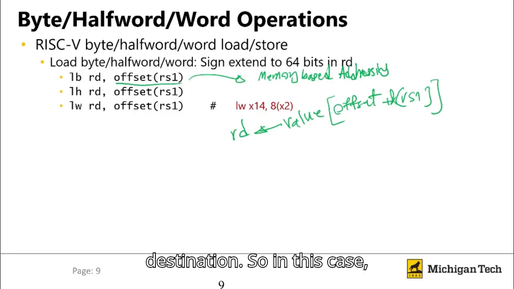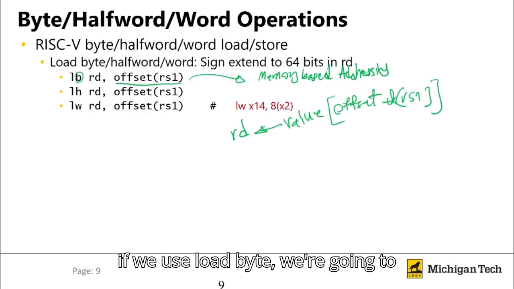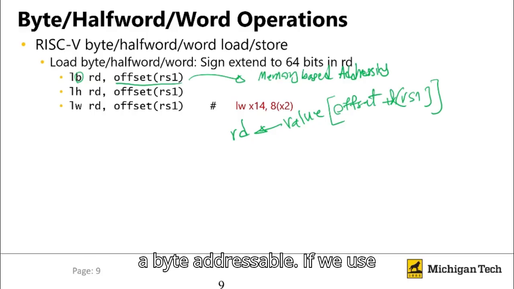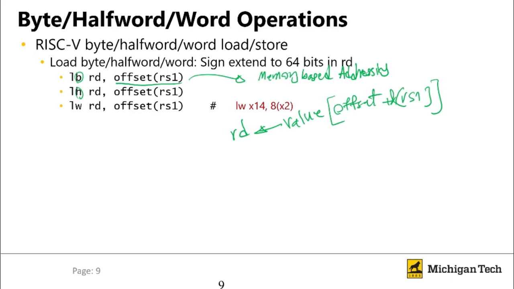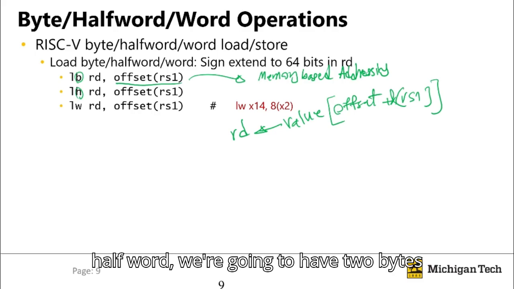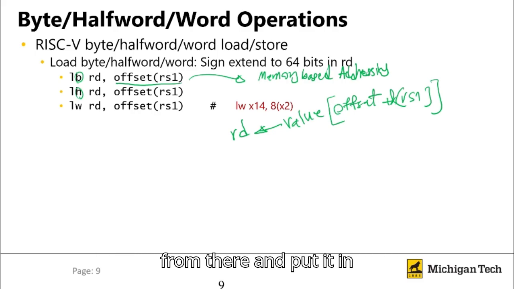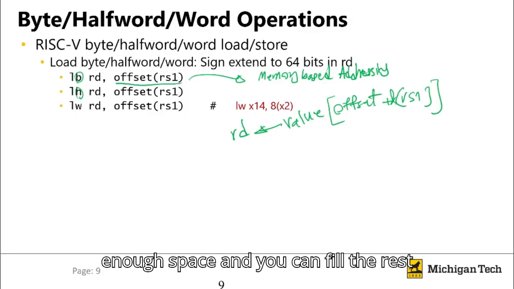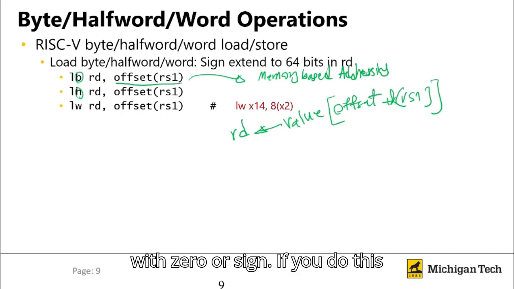So in this case, if we use load byte, we just take 1 byte because the memory is byte addressable. If we use load halfword, we take 2 bytes from there and put them in the destination register. The destination register is 8 bytes anyway, so you have enough space, and you can fill the rest with 0 or with the sign.